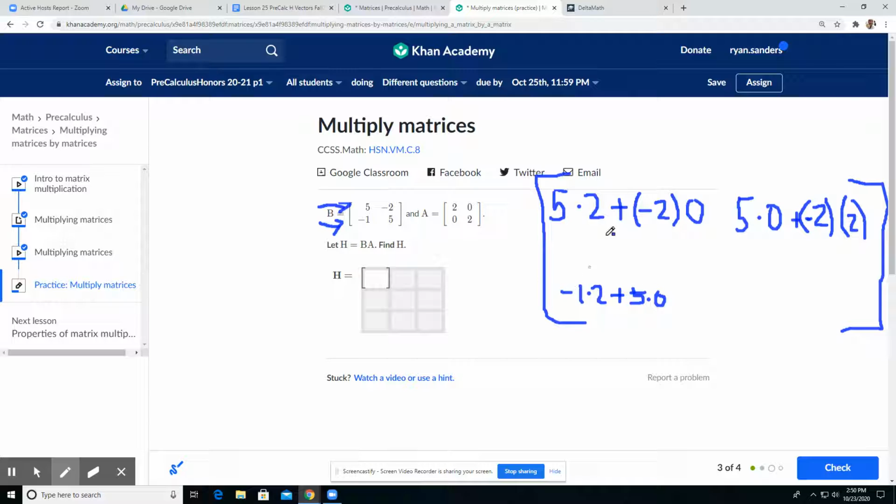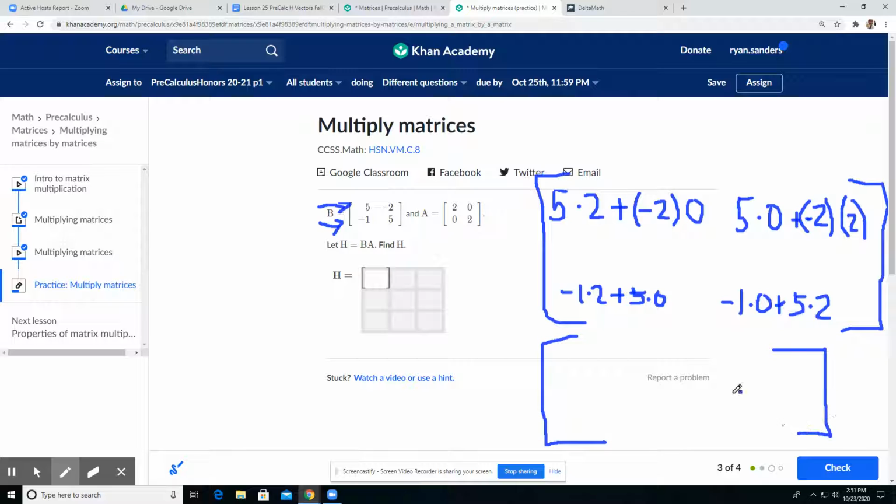That's the second row, first column entry. Second row, second column entry is a negative 1 times 0 plus 5 times 2.